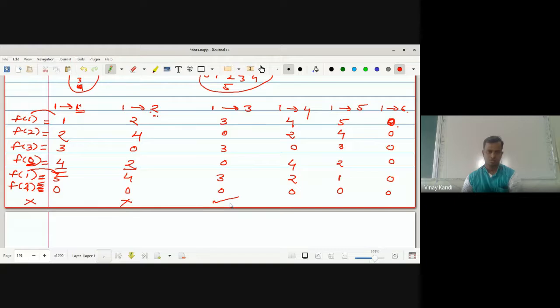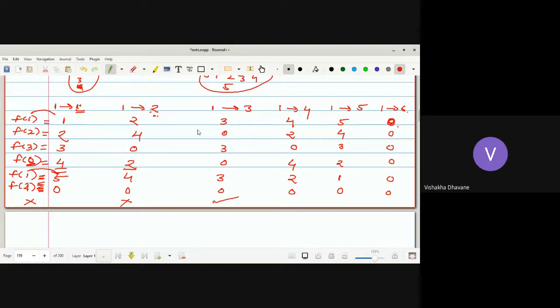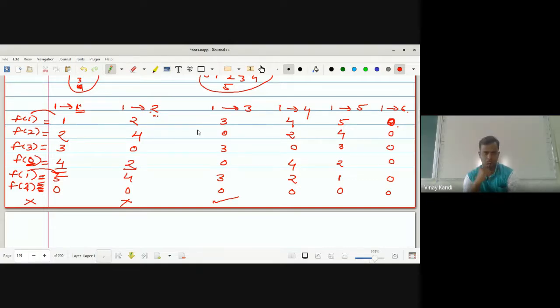Okay, any doubt? Wait a minute. 1 maps to 3, so f of 1 is 3. And again 3 maps to 3.